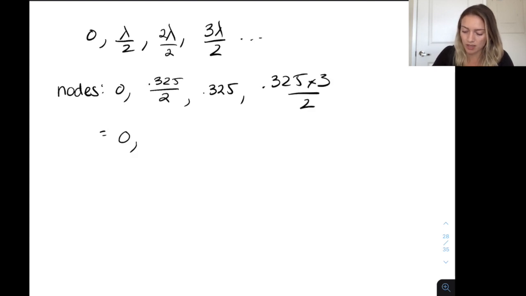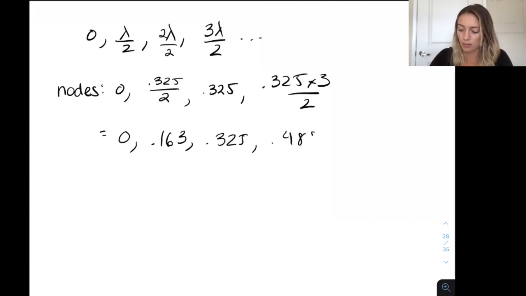So this gives us 0, 0.163, 0.325, and then 0.488 meters. So that's where our nodes are.